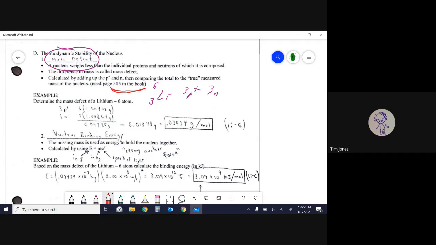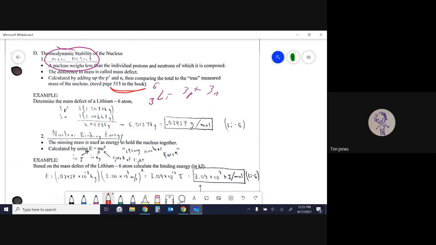And it will show nuclear masses. It'll show some of the subatomic particles like an electron and a neutron and a proton. And then it will show a variety of different isotopes. So take a moment, pause the video, and just look at this and see what you can figure out from that chart. And then come back.